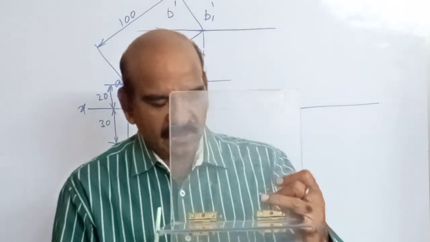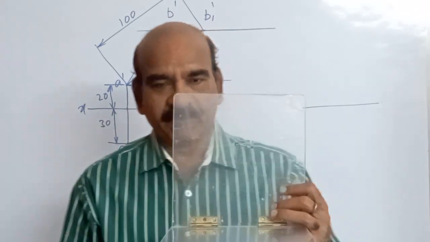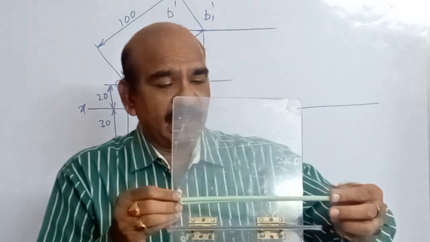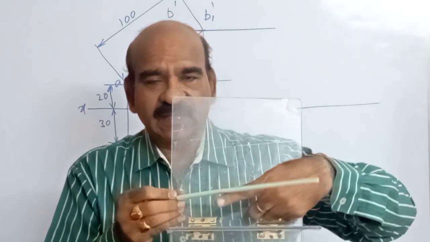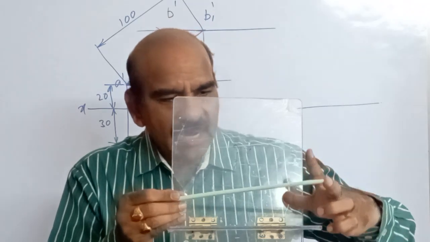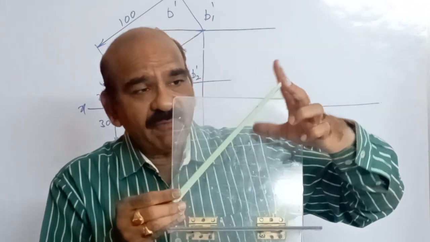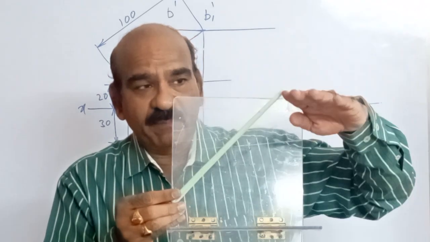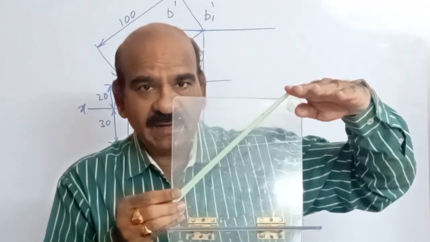To understand this, I will show you one thing here. Suppose this line is making 30 degrees angle with HP. Okay. So when you are moving upwards, the angle with the HP is constant. The height of the point B has reached a certain level.